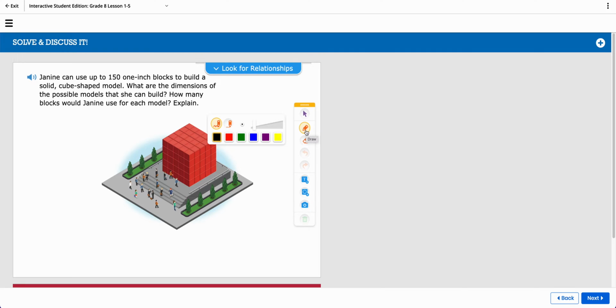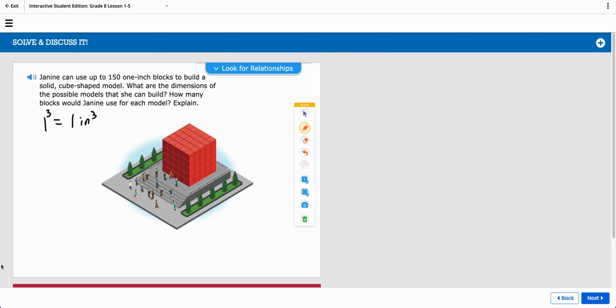One block, right? If her blocks are cubes, she could do one block, and its dimensions would be 1 cubed. So we would write that it is 1 inch cubed, right? That's how that would be written.